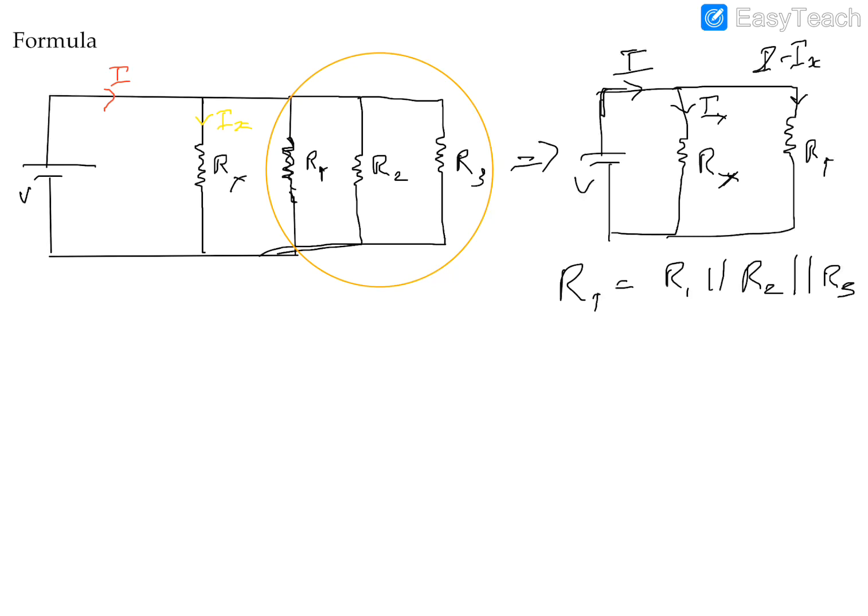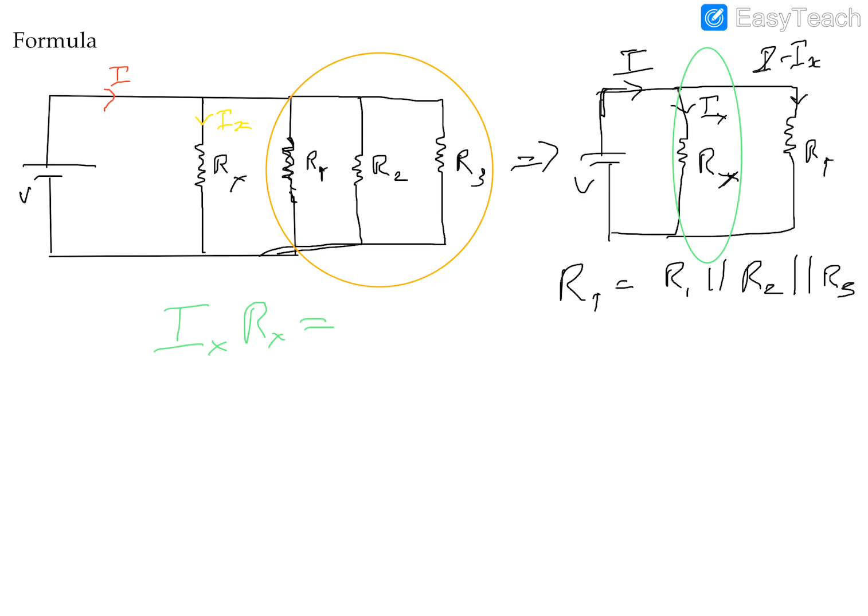So let's go ahead with the derivation for this. We know the potential difference across branches is the same. So I've got one branch right here, and the voltage across it is, according to Ohm's law, Ix times Rx. And this is going to be equal to the voltage across my other branch.